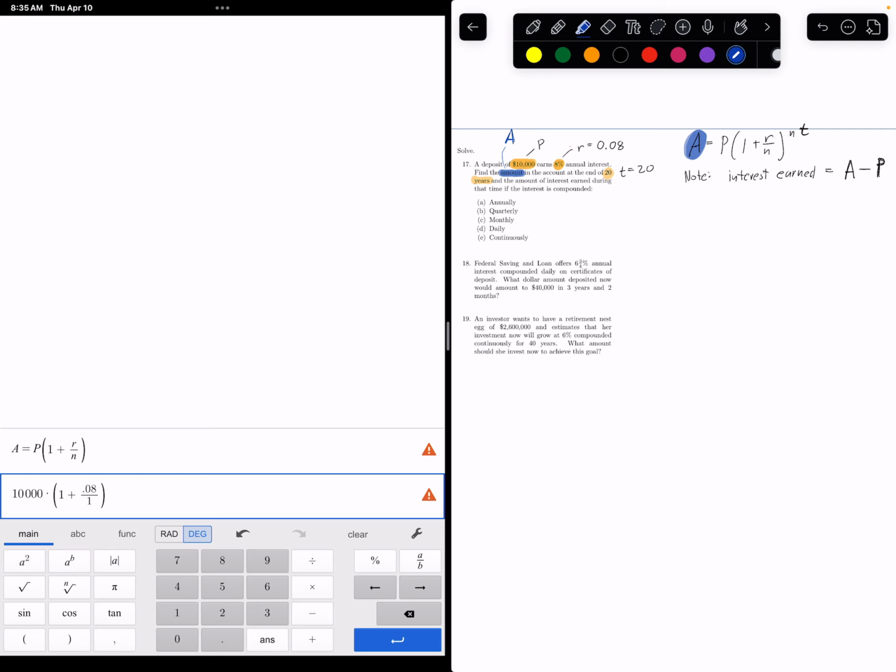And then raised to the nt. When you do the exponent here, remember to keep it in parentheses. Otherwise, the order of operations is not going to be followed accurately. So n here is 1, times t, which is 20. So here we go. Okay, and you pop out with 46,609, and we'll round to the nearest cent here.